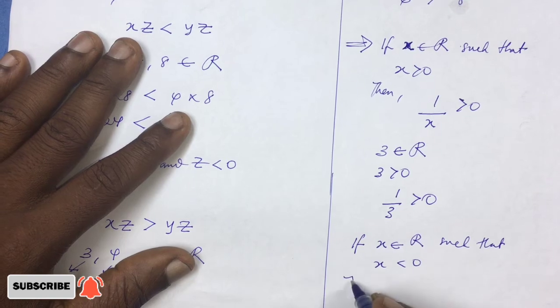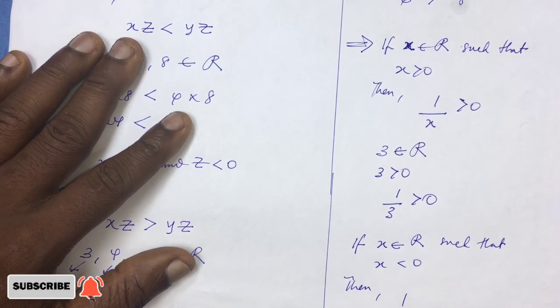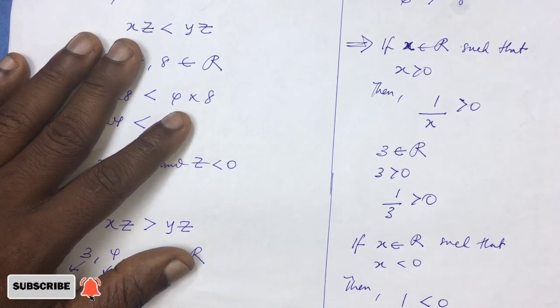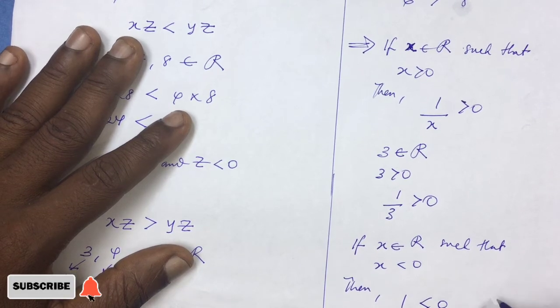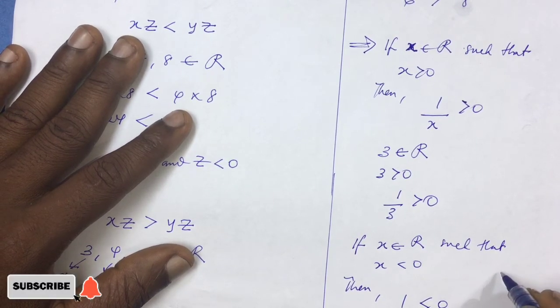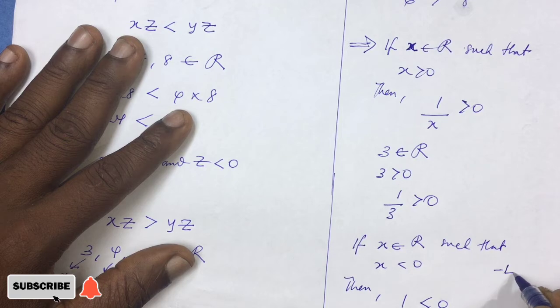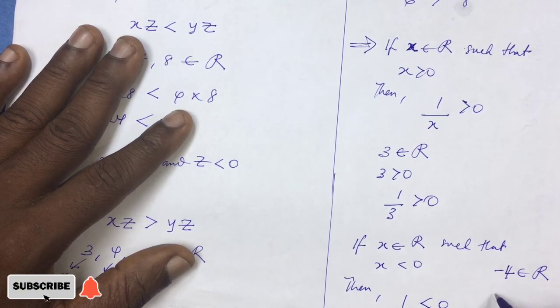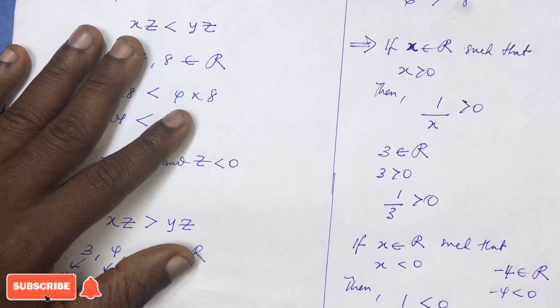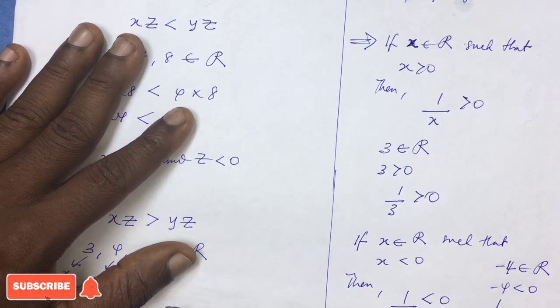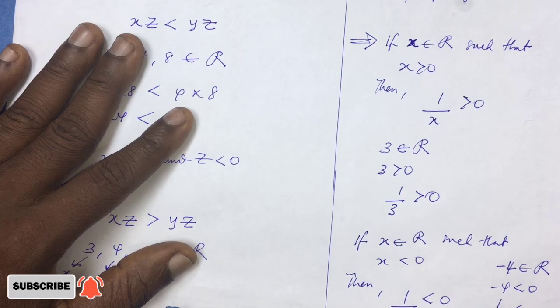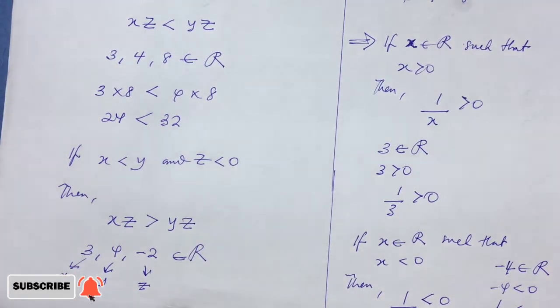The same property is saying then 1 over x will still be negative. Select a number, say -4, from the real number system. Clearly -4 is less than 0. If you look at it very well, you will discover that 1 over -4 is also less than 0. That is what that property is saying.